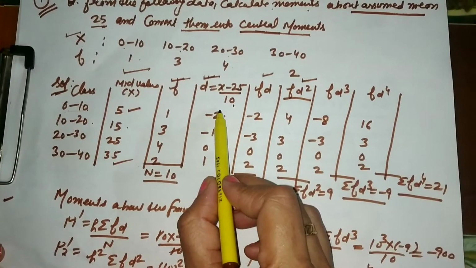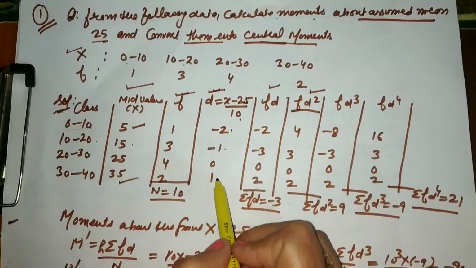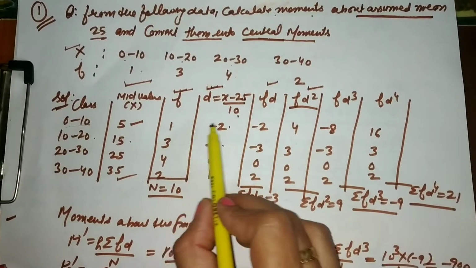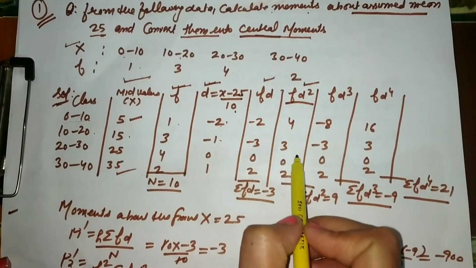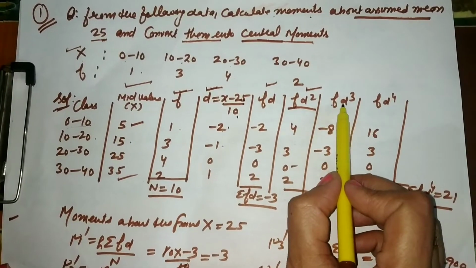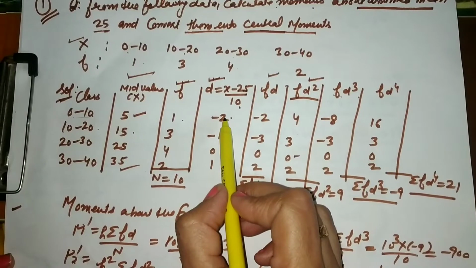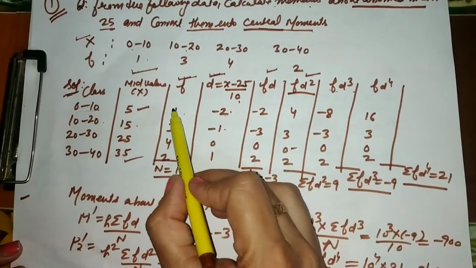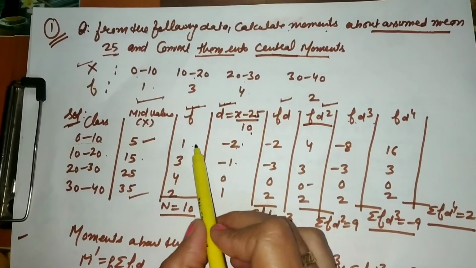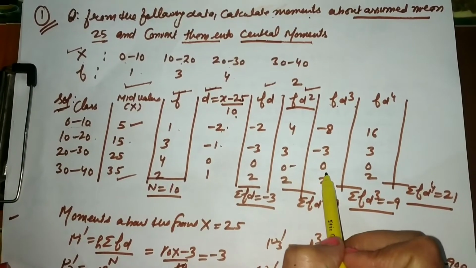That means take the square of the D items: 4, 1, 0, 1, and multiply with the F items. 1 into 4, 4; 3 into 1, 3; 4 into 0, 0, and so on. Then I made the column FD3. That means take the cube of the D column: minus 8, minus 1, 0, 1. Then multiply with the items of the F column. So I am getting here minus 8, minus 3, 0, 2.